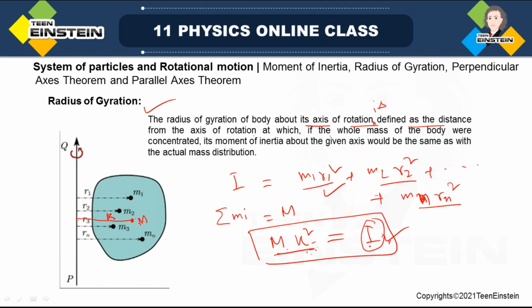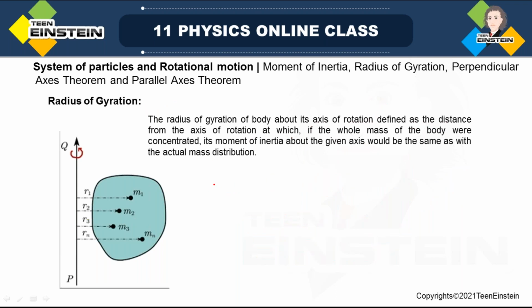This is going to be the same if you take a point, which is not a real point but a geometrical or imaginary point, at a distance k from the axis of rotation. Then M k square will be the moment of inertia of this object, which is equal to this. Let me derive the respective mathematical form.